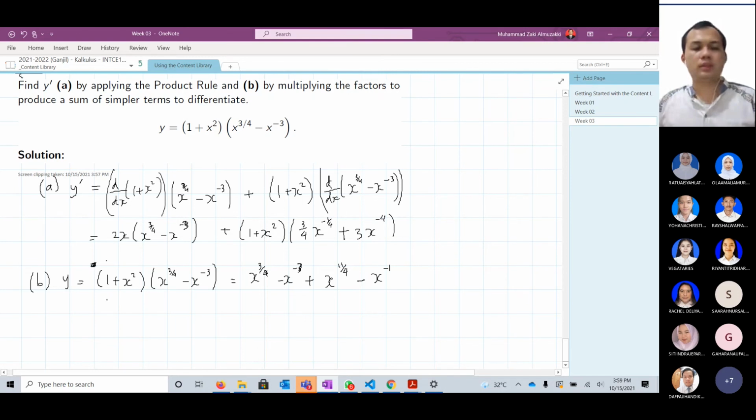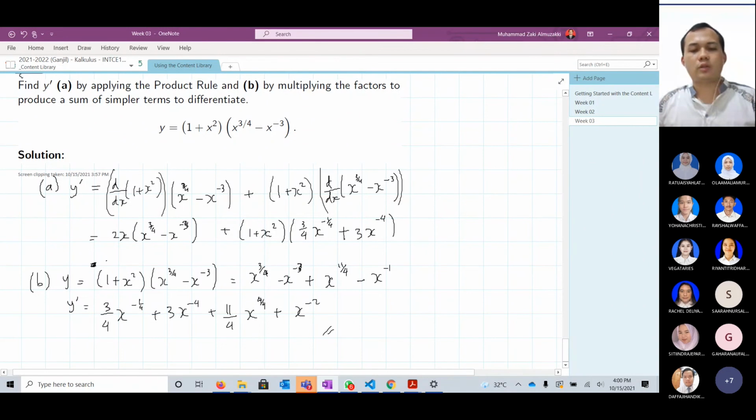Yeah, I hope that this is correct. So in this case, we have that y prime is equal to 3/4 x power minus 1/4 plus 3 x power minus 4 plus 11/4 x power 7/4 plus x power minus 2.